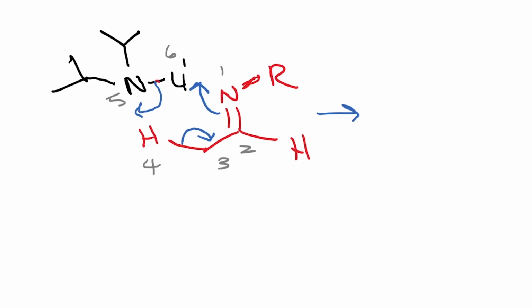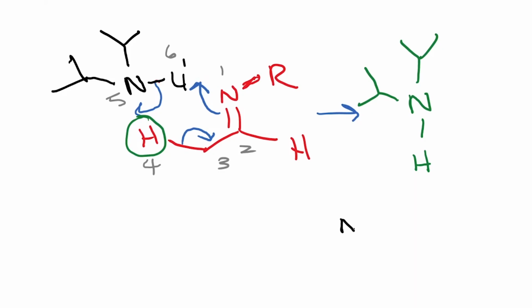If I keep track of the arrows, nitrogen is here and this is my LDA, the isopropyl groups are still here, and now there's a new bond between this hydrogen and the nitrogen, so LDA has become diisopropylamine. There's also a new bond between this nitrogen and lithium, which I'm drawing as NLi.